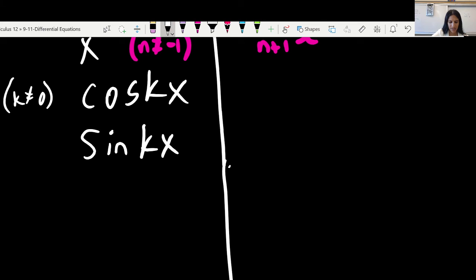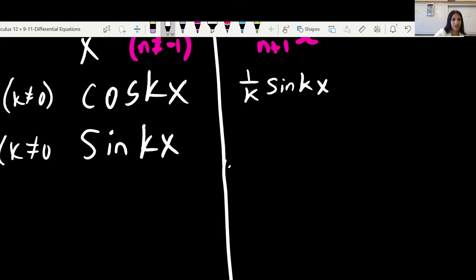So we would get 1 over k sine kx, like this. And if we have sine kx here, and again, k is not allowed to be equal to 0, then I would have negative 1 over k cos kx, working backwards from the stuff that we've done before.